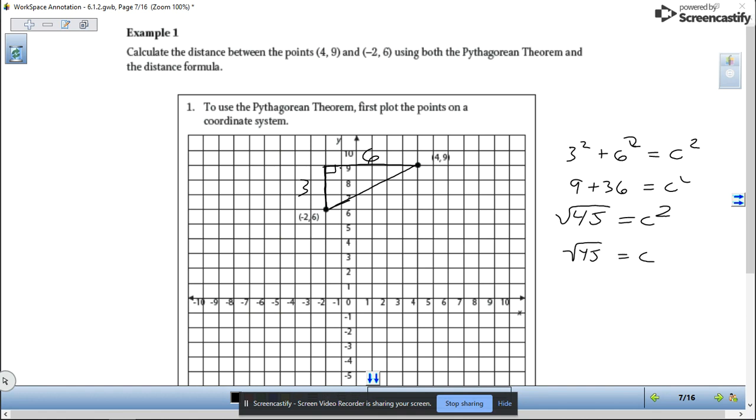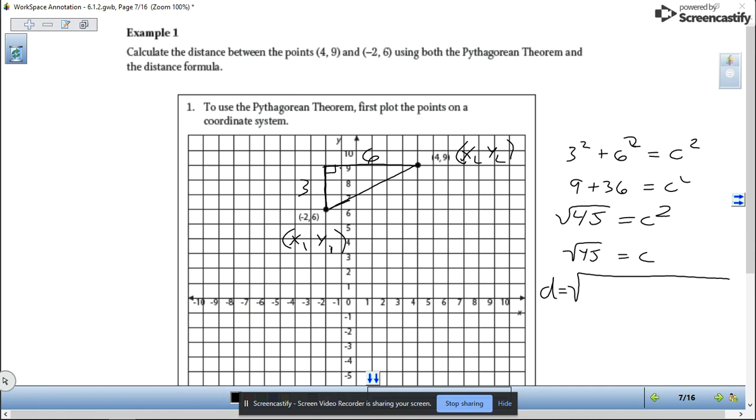Okay, now we can do the distance formula, which is a little bit more complicated, but it's not too bad. The only thing that is set up differently is you're going to have the square root of your x2 minus x1. Now here's the good news. It's not going to matter which one you call x1, y1, x2, y2. So we'll do this as x1, y1, and this as x2, y2.